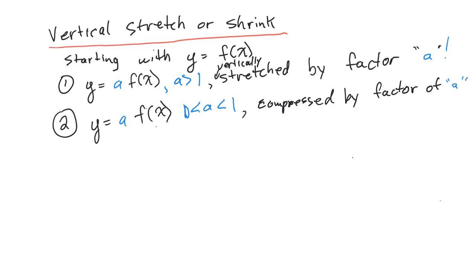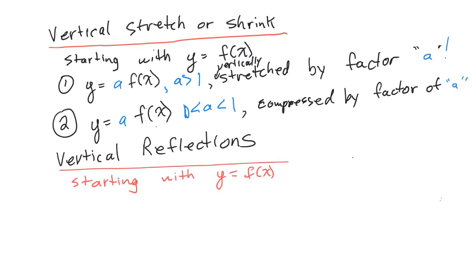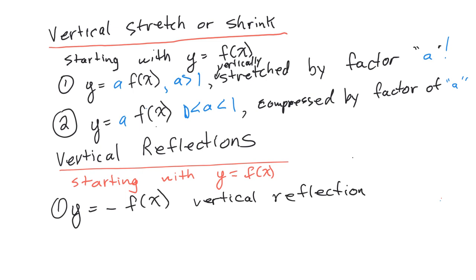The last thing that we have to look at is a thing called vertical reflections. So if we start with y is equal to f(x), then if I have y is equal to negative f(x), this is a vertical reflection in the x-axis.